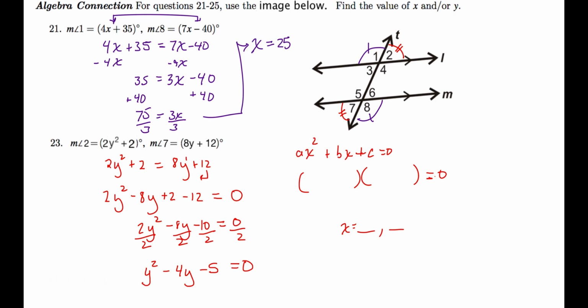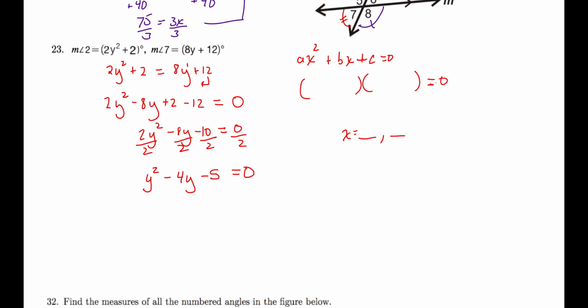So we are going to factor this into two binomials where the first term of each binomial has to be y, because y times y is y squared. And the second term of each has to be a factor of negative 5. So we are looking for the factors of negative 5 that are going to add to get this middle term here of negative 4.